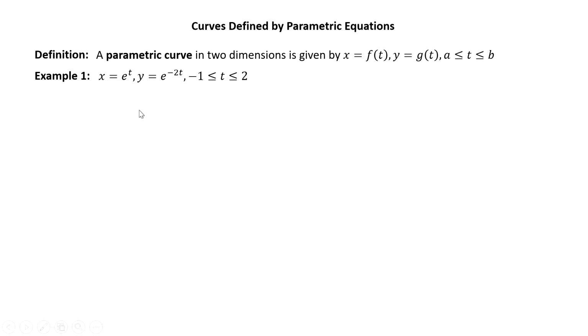That means you make a table with t in the first column, x in the second column, y in the third column. And you give a value of t to be -1 because you need to vary it from -1 to 2. Start with -1 for t and figure out what x would be and then what y would be. So you will get one point on that curve.